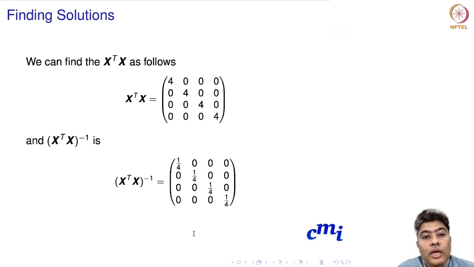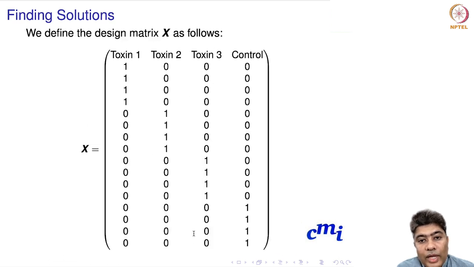Then we calculate X transpose X. It turns out X transpose X in this case becomes very simple. Going back to X, the first row, first column entry is just the first column with itself, so it creates a 4 and then 0, 0, 0.